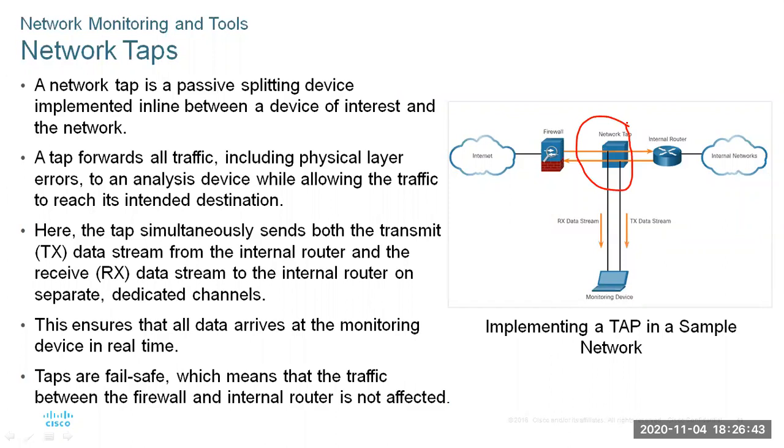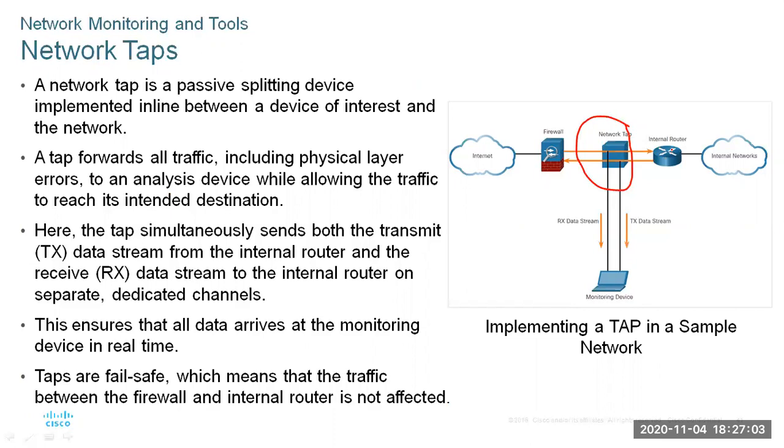Okay, so a tap forwards all traffic, including physical layer errors, to an analyzer device, while allowing the traffic to reach its intended destination. So this is like the monitoring tool.